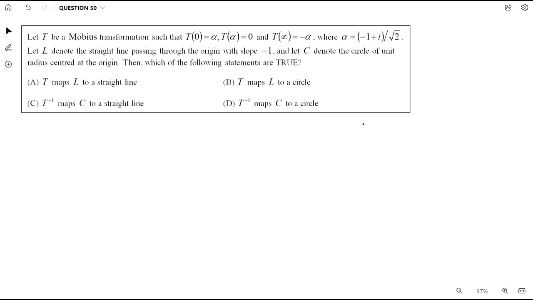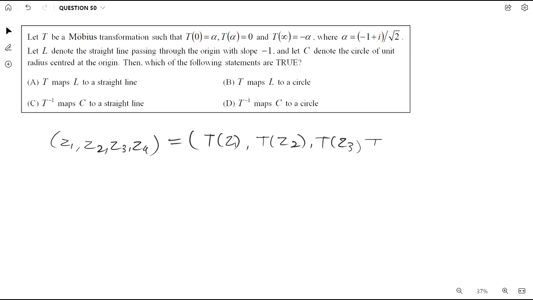First let's find out the formula for this Mobius transformation. We have one property of Mobius transformation which says it preserves the cross ratio. It means the cross ratio of z1, z2, z3, z4 is equal to the cross ratio of its images, T of z1, T of z2, T of z3, T of z4.